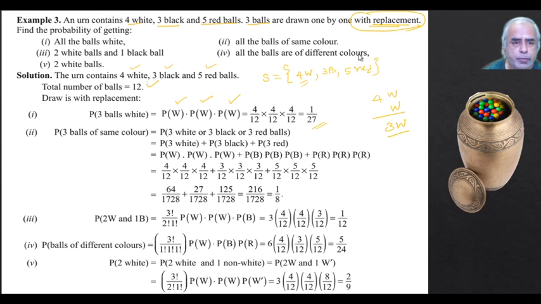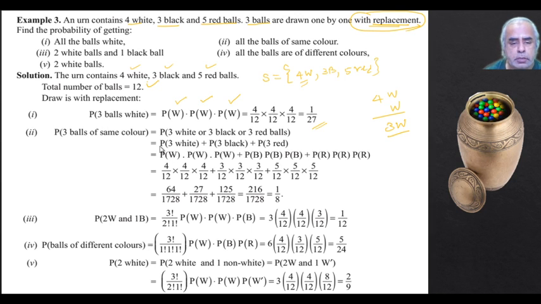Remember this. And similarly, what is the next question? That all balls are of the same color. All balls of the same color means, for instance, I take white, black, and red. Probability of 3 balls of the same color means probability of 3 white or 3 black or 3 red.